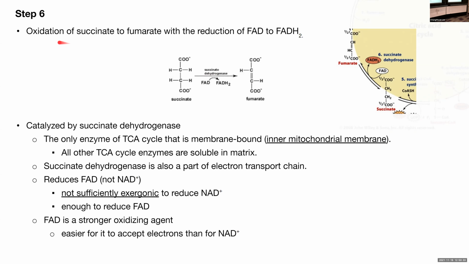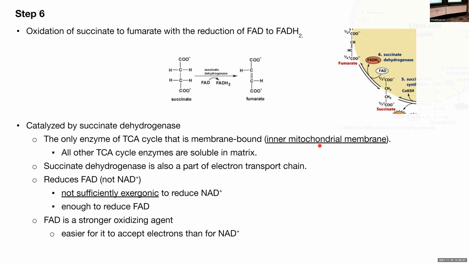6, 7 is the oxidation of succinate to fumarate with the reduction of this FAD, another electron carrier. And that reaction is catalyzed by succinate dehydrogenase. And this is the only enzyme in the TCA cycle that is membrane bound, especially on the inner mitochondrial membrane.